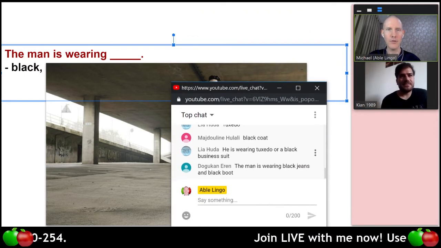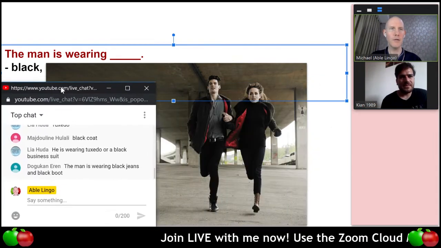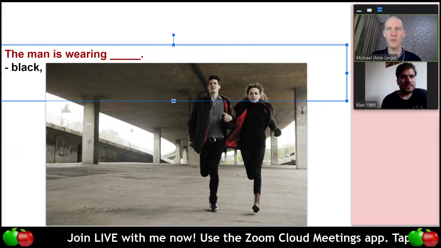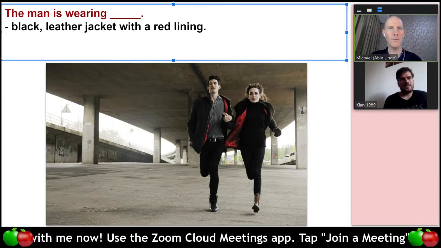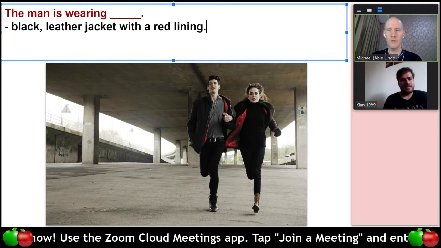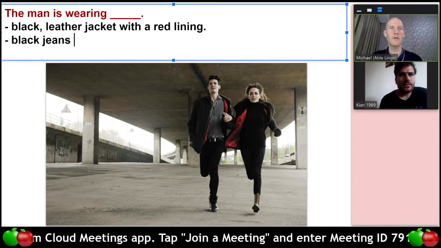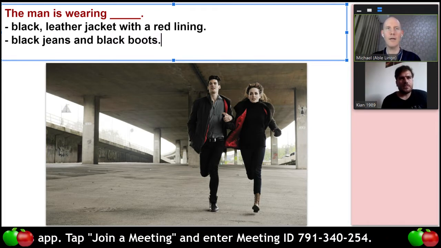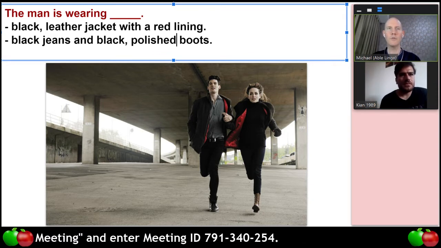Okay. So he's wearing a tuxedo or a black business suit is possible. And let's see, the man is wearing black jeans and black boots. Okay, so we'll finish that. Wearing black jeans and black boots. And we could add a little bit more. We could say black polished boots.